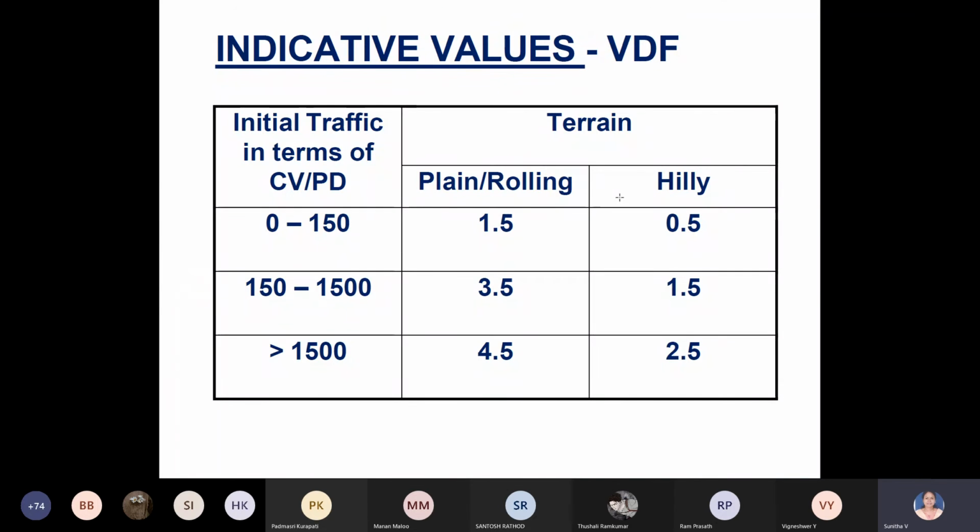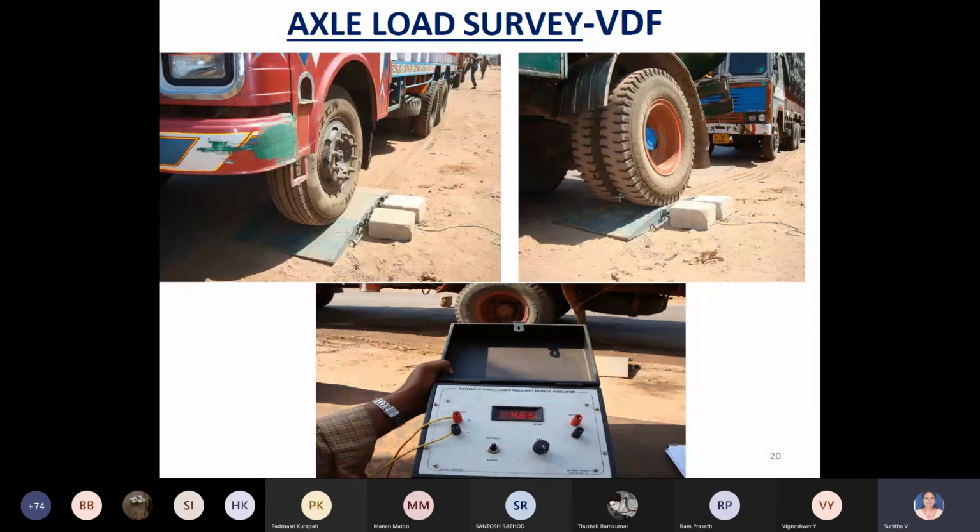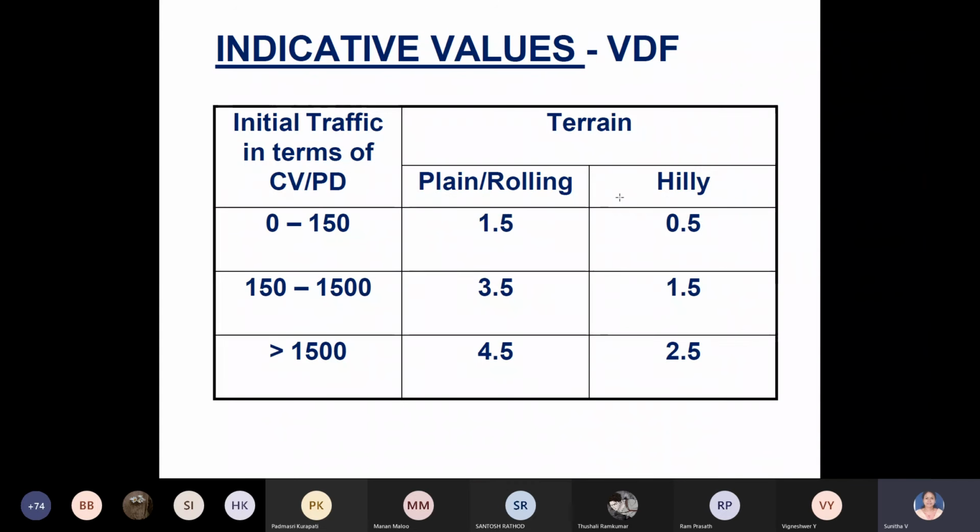Because it's very tedious to take the axle load survey, on a national highway you have to stop the vehicle and find the axle load. Suppose it is not possible to measure the axle load, IRC suggests: if the traffic volume is between 0 to 150 commercial vehicles per day and your road is in plain or rolling terrain, take the VDF value as 1.5.